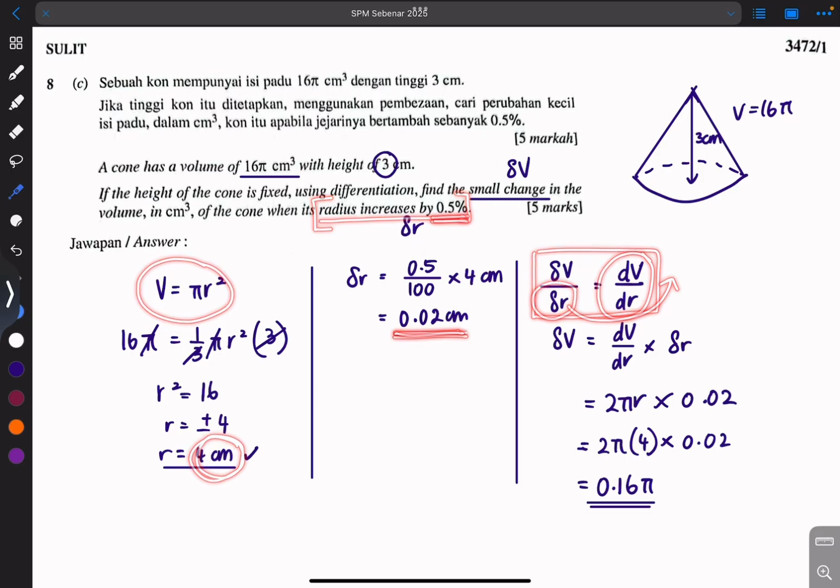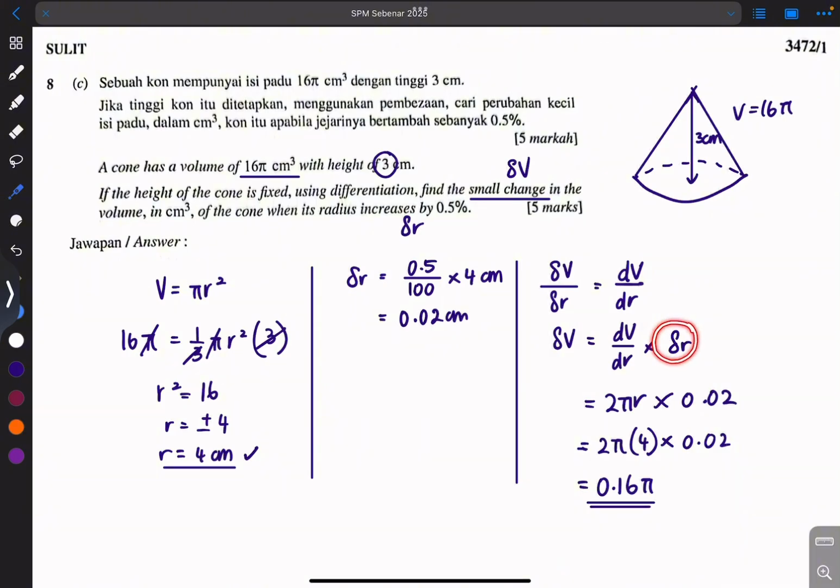Hope that makes sense. So delta r is 0.02. dV dr we just get from here, and then we get this r here. In every small changes question, you have to finally sub the original value of x, or in this case r, to get your small change. That's it.